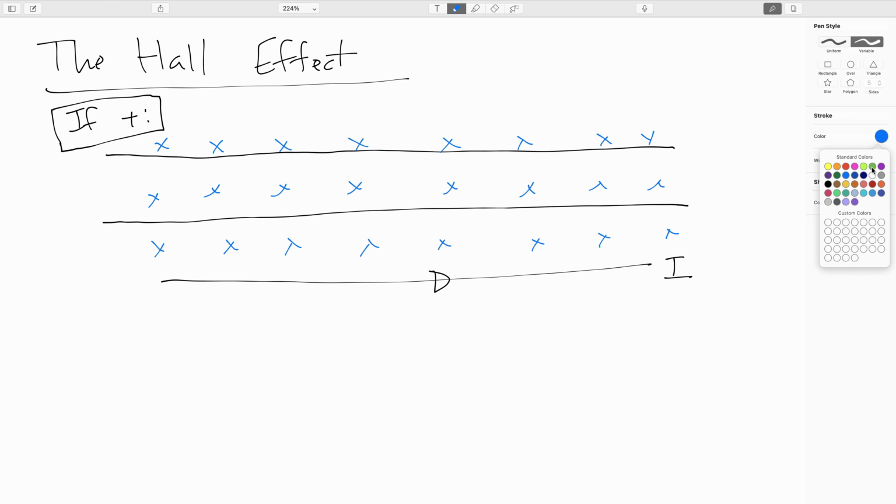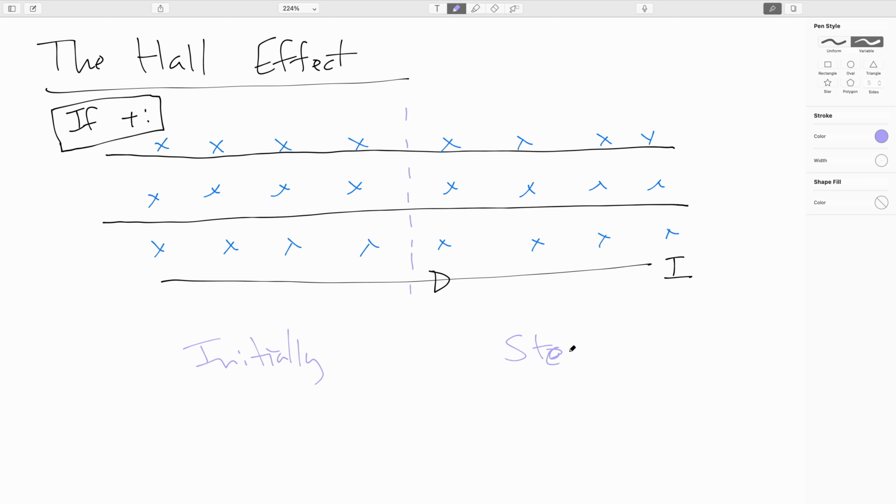So we'll break this up into two time periods here. So over here, we'll take a look at what's happening initially. And then over here, we'll take a look at what happens after we've achieved steady state.